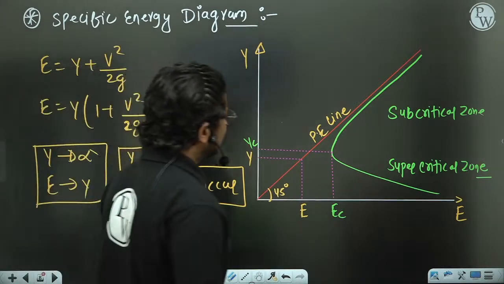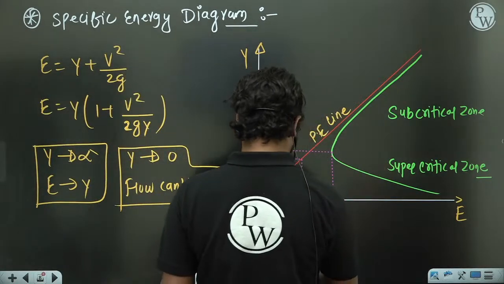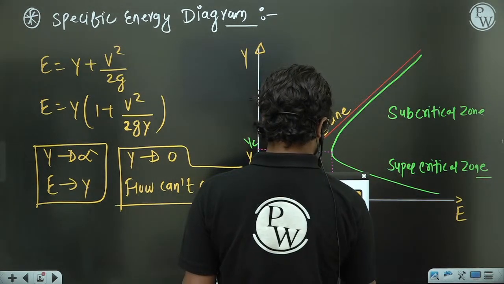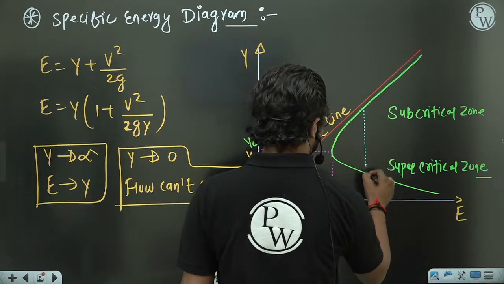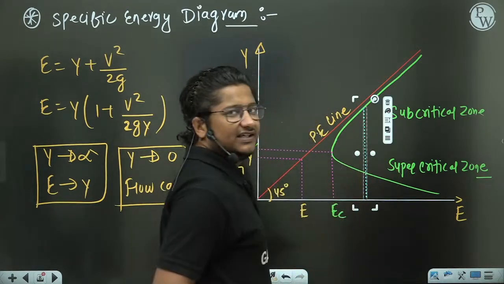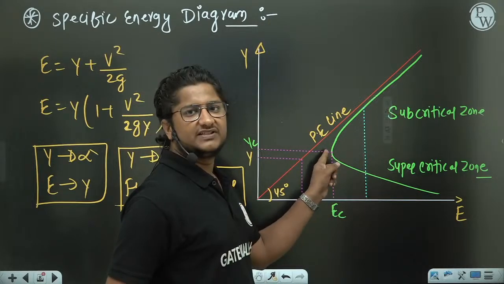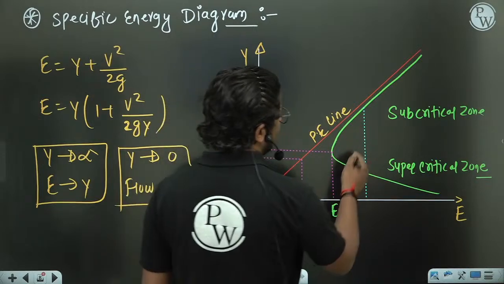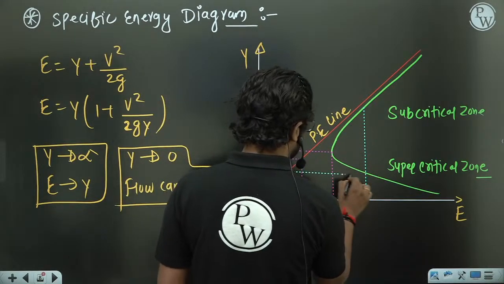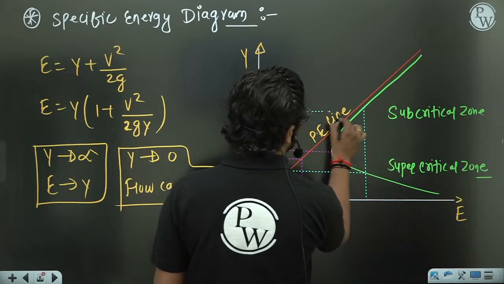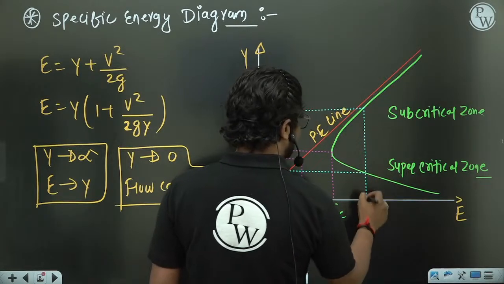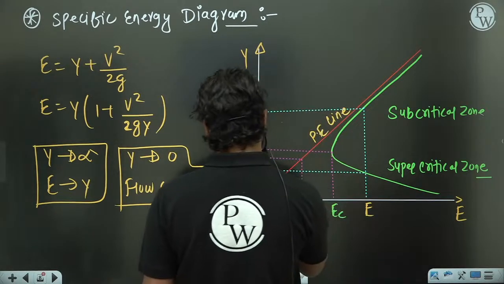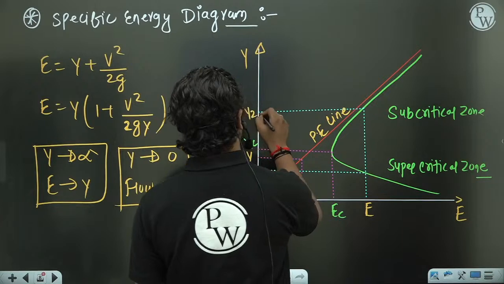Okay. Now here only, if you take any point other than this leftmost point of the curve, you will find you have two depths for the same specific energy, y1 and y2.